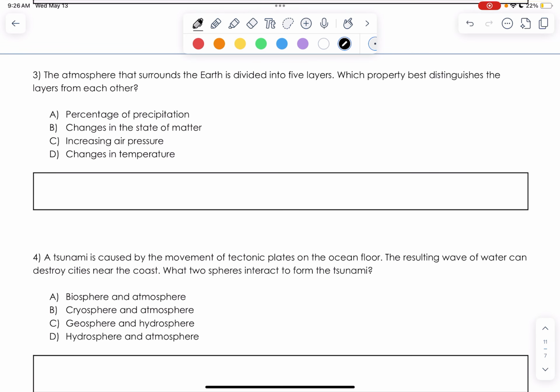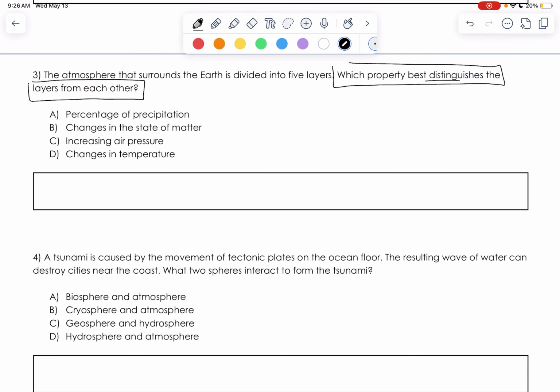Number 3, the atmosphere that surrounds the Earth is divided into 5 layers. What property best distinguishes the layers from each other? I need to know that distinguishes means tells how they are different. So what's the best way to show that the layers are different from each other? A says the percentage of precipitation. Precipitation is rain.